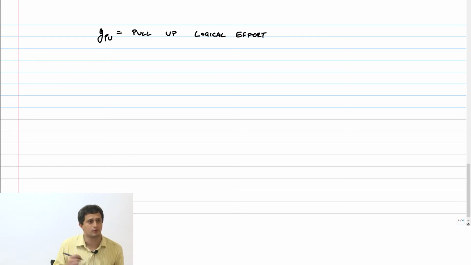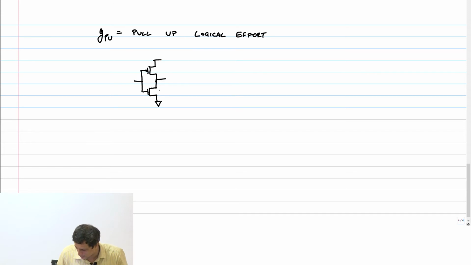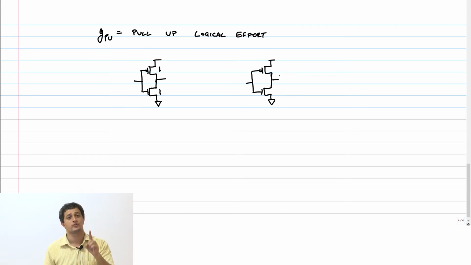So here is my low skew inverter. This is 1, and this also is 1. I am now going to compare this with a symmetric static CMOS inverter with the same pull-up drive strength, because I am now looking at the pull-up logical effort, which implies that this one should be the same here.